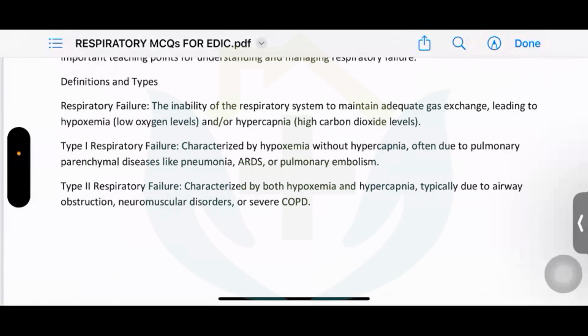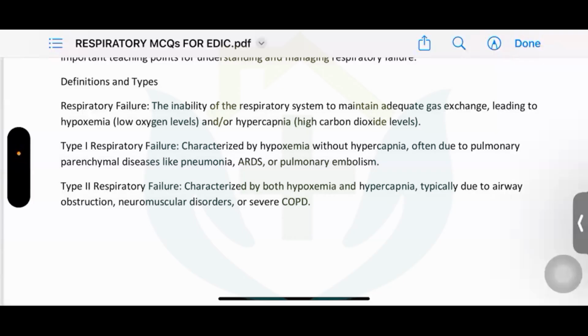Respiratory failure is basically the inability of the respiratory system to maintain adequate gas exchange. That means oxygen from air into the blood and carbon dioxide from blood into the air. Whenever we talk about air and blood, we are talking of the pulmonary membrane, which is the diffusion membrane.